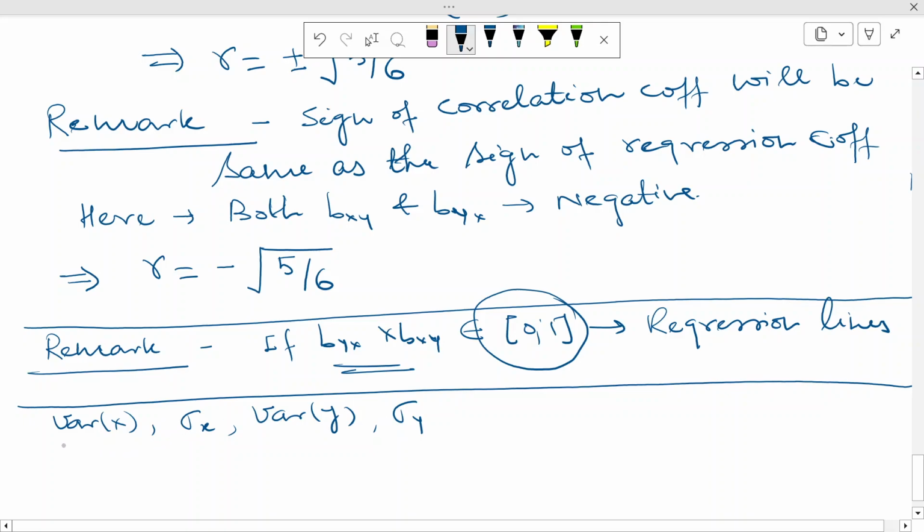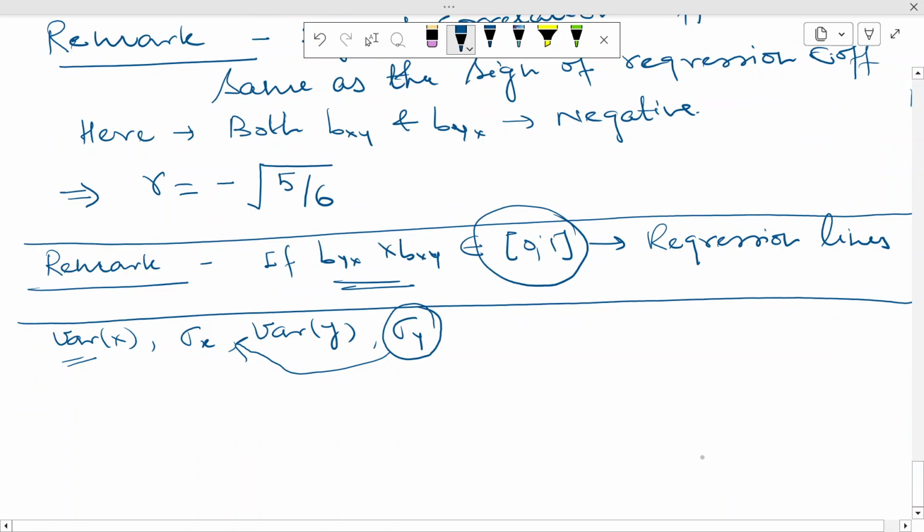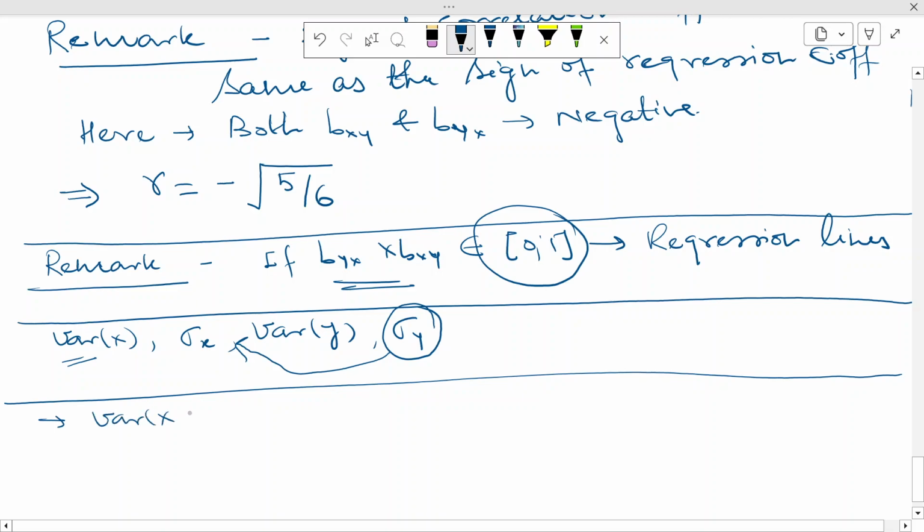If you are given the variance of x and you are asked for sigma y, or you are given sigma y and you have to find sigma x, how do we do that? Let us consider that. We continue with the same problem. Suppose we are given that the variance of x is 4, then find the standard deviation of y.